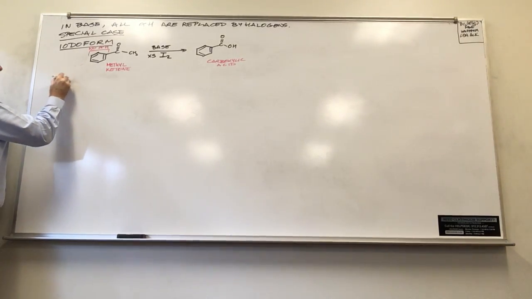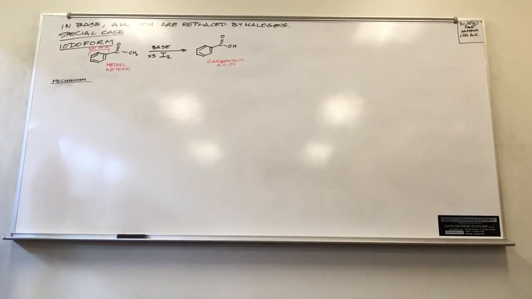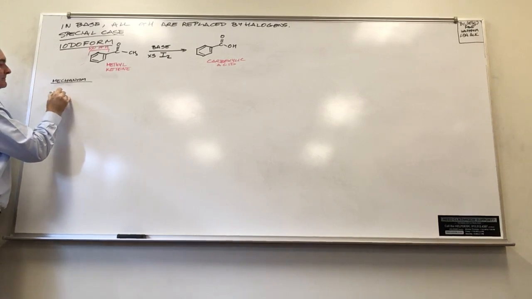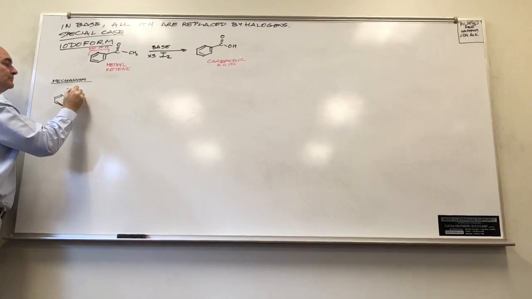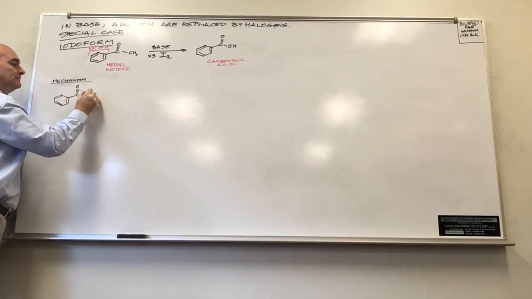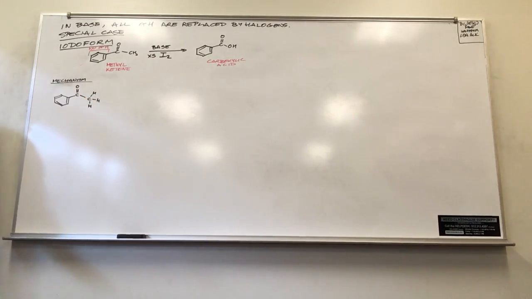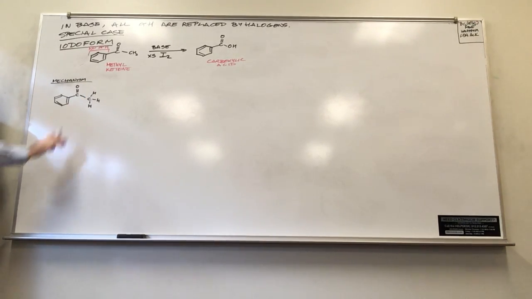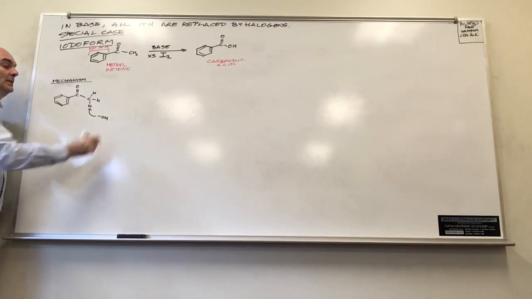Here's how this works. It's kind of long, maybe 8 or 9 steps. You're going to need to show the alpha hydrogens hanging loose because I'm about to take them with a base.